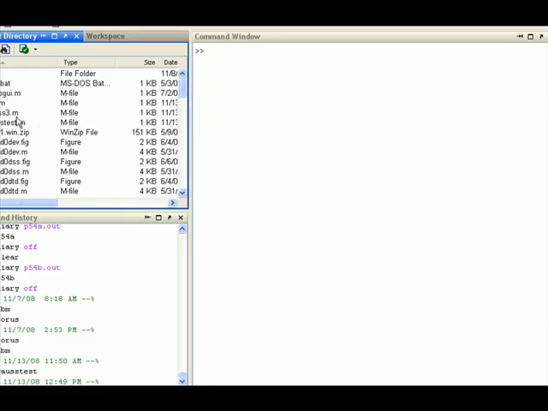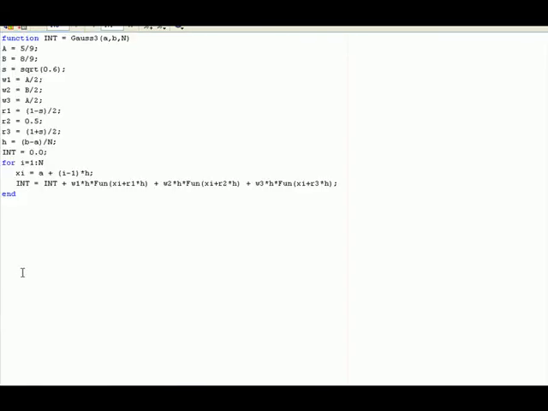Okay, let's do a little MATLAB test here. I've written a Gauss 3-point program. Looks like this. You pass it the endpoints and the number of strips you want, and the weights and the sample points are calculated exactly using the formulas we've given, and then you add up over each strip the first weight times the function at the first sample point plus second weight, second sample point, and so forth.